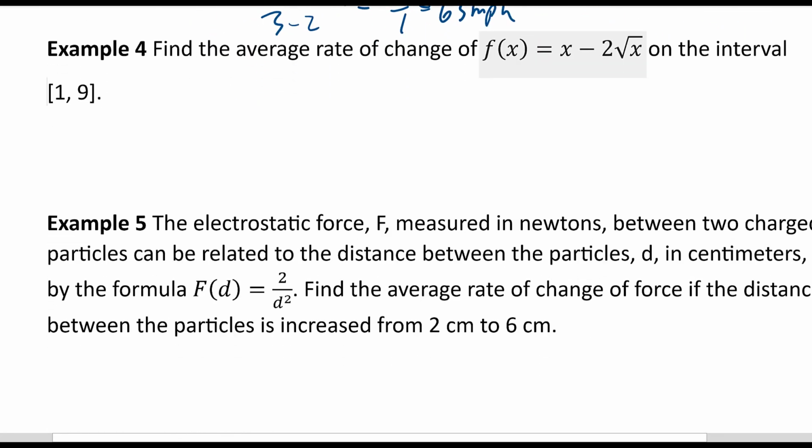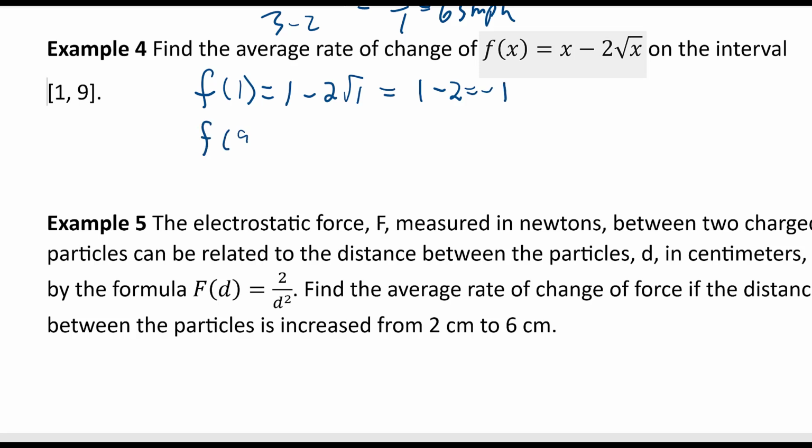Find the average rate of change of f of x equals x minus 2 root x on the interval from 1 to 9. So we look at f of 1. That's 1 minus 2 times the square root of 1. So it's 1 minus 2, or negative 1. f of 9 equals 9 minus 2 times the square root of 9. 9 minus 2 times 3, which is 9 minus 6, which is 3.